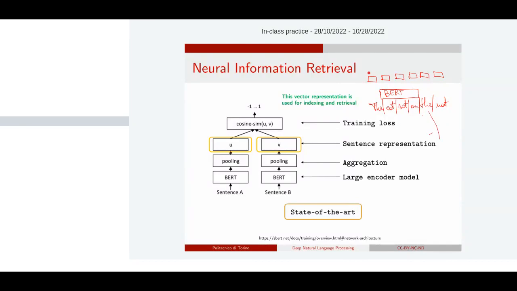The pooling stage can do two things. We can do average pooling, so we do the point-wise average over all the vectors and create a single vector representation. We will see this also in the next in-class practice. This is just an introduction to let you know how neural information retrieval works. Or we can have a specific token before the sentence, the CLS token, represented by a separate token.